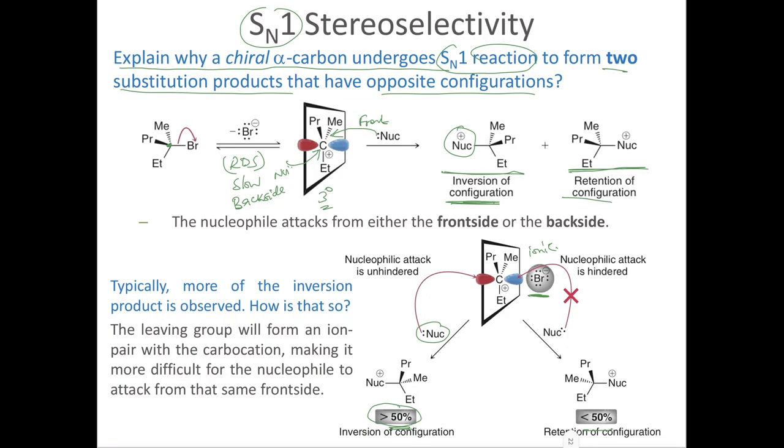So if the nucleophile is attacking from the front, there is going to be some steric hindrance because the leaving group is still lingering close to the carbocation. So the yield for the one that attacks from the back is going to be higher than the yield for the one that attacks from the front.